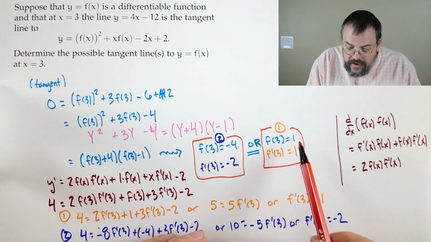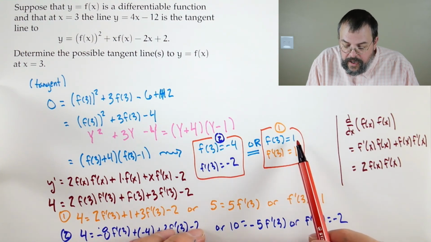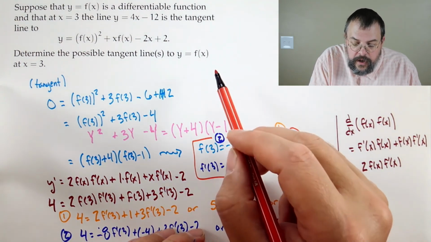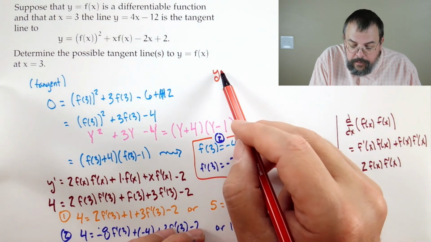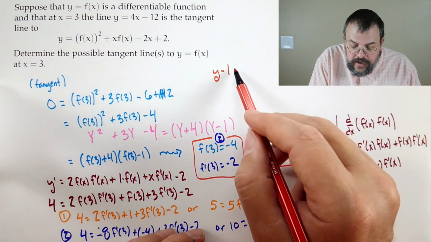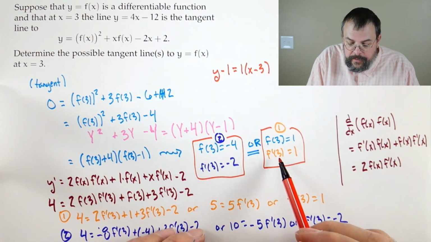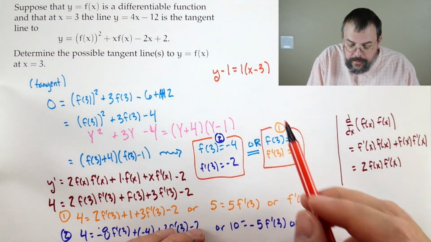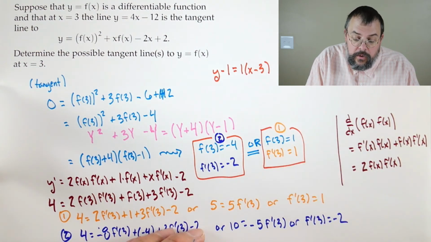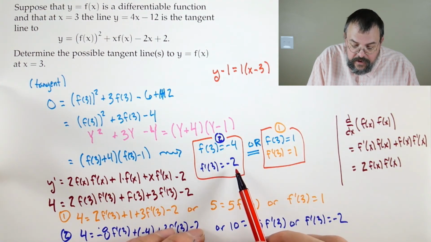So let's talk about what the lines are. So here, the point is at x equals 3, y equals 1, slope is 1. So we would get y minus 1, that's where that 1 is coming from, is equal to 1 times x minus 3. And the 3 comes from the coordinate, this one comes from the slope. Or we get here, here's our y value, here's our slope.